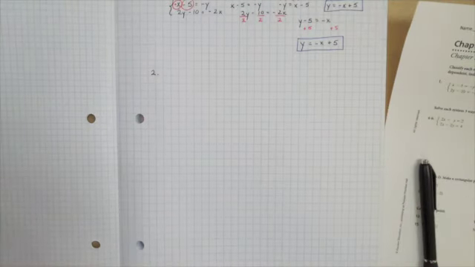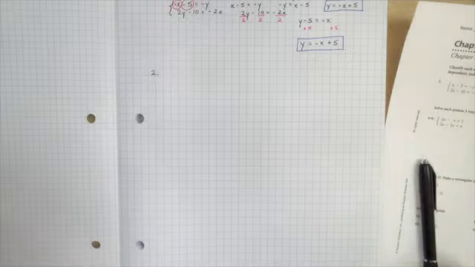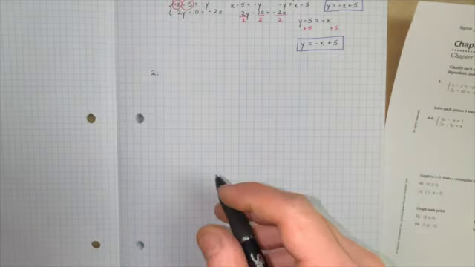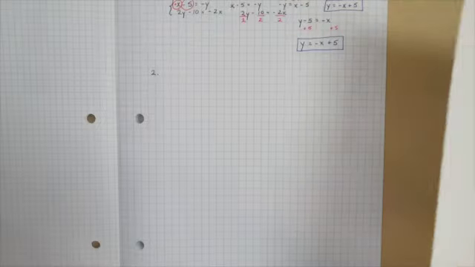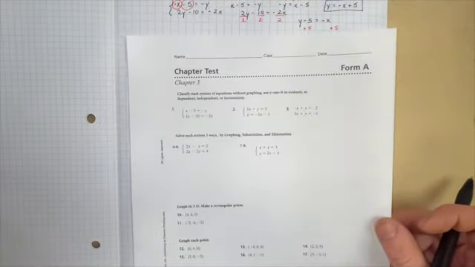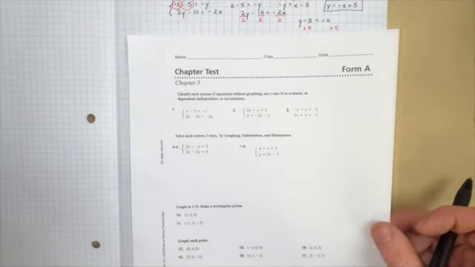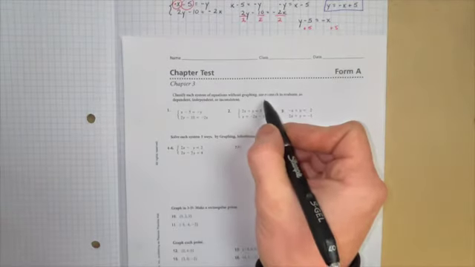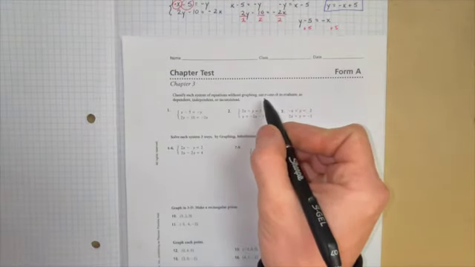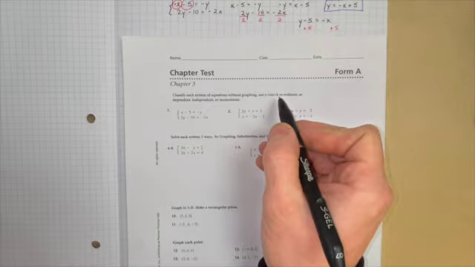Okay, so let's try a second problem here. This will be the second one from the exam. Again, we're evaluating, and we need to use the y is equal to mx plus b form.